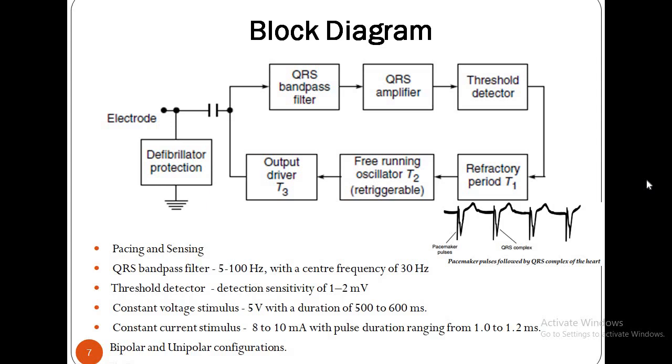It is meant to prevent multiple re-triggering of the astable multivibrator following a sensed or paced contraction. The free-running multivibrator provides a fixed rate mode with an interval of T2 via the output driver circuit. The output pulses of a length T3, synchronous with input signals that fall outside the sensing refractory period T1, are thus delivered at the stimulating electrodes.